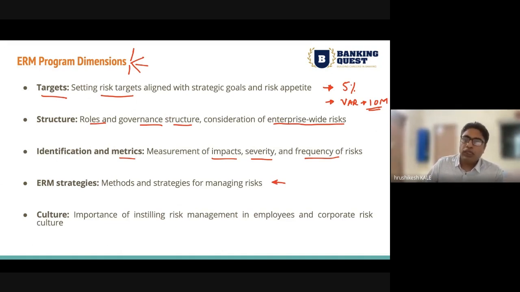Now, mostly people were using credit default swaps as a risk management technique, but nowadays they are moving away from this after 2008. Culture is very important. Importance of risk management culture in employees, corporate risk culture in the complete organization. That is important.